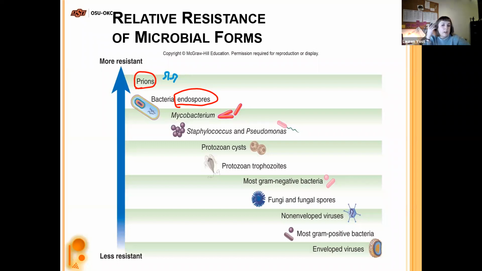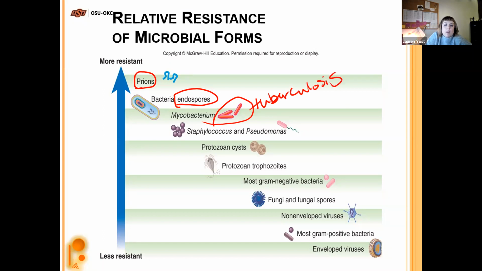You have to use extra high heat, higher than autoclaves, like 135 degrees Celsius would be what would be required in an autoclave. And we don't do that. 121 is usually what autoclaves do. And sodium hydroxide will do it, but pretty much nothing else. Mycobacteria are also pretty hardy. So that's like tuberculosis.